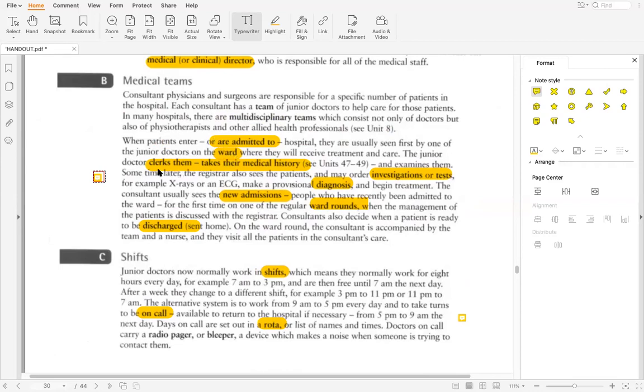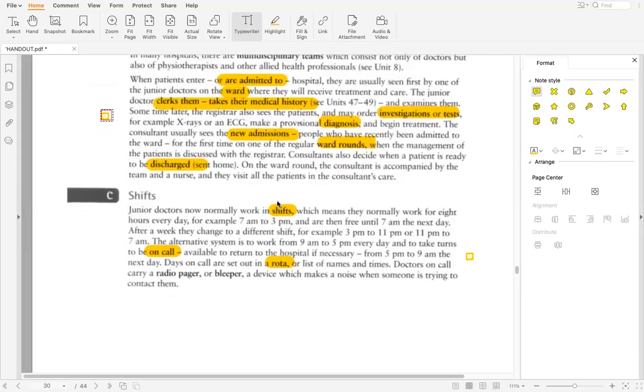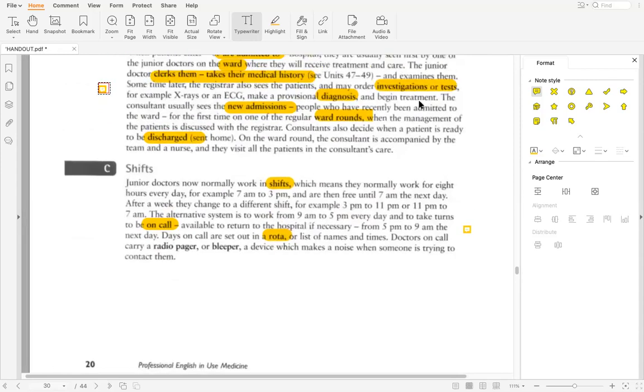When a doctor clerks a patient, it means to take their medical history and examines them. We have new admissions. New admissions means the patients who get in or are admitted to the hospital. All right. And we have investigations and tests.